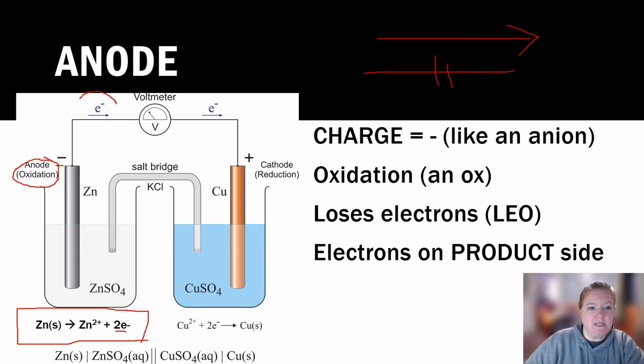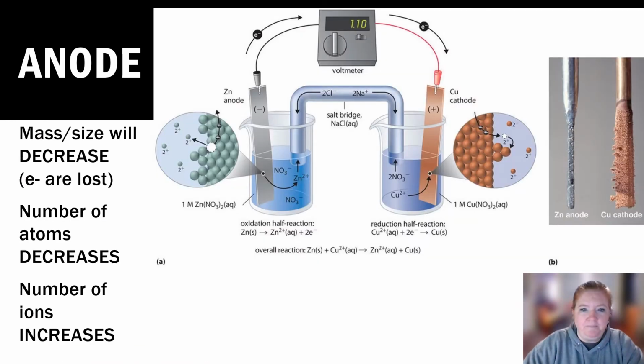Also, you could see this, electrons flowing through the wire. What would be moving through the salt bridge? You would have ions going back and forth to keep it neutral. Now, since the anode is losing electrons, the mass, the size of it is going to get smaller. If the size is getting smaller, sometimes they word it this way.